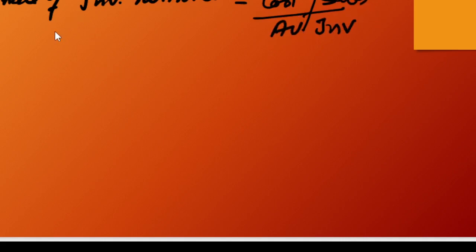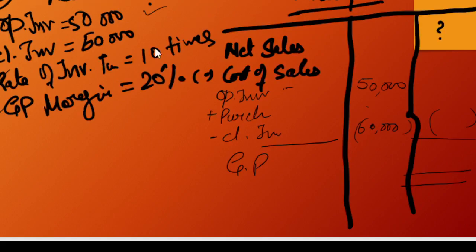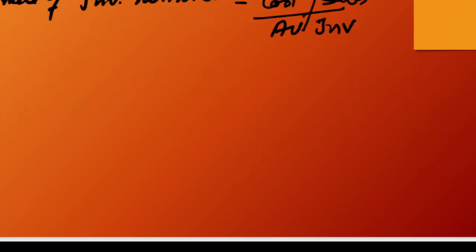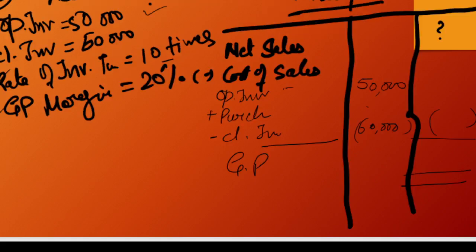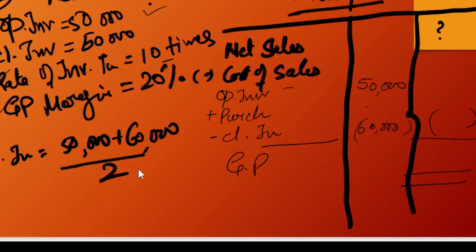So rate of inventory turnover is 10 times. Cost of sales we don't know, but average inventory we know, because average inventory is opening inventory plus closing inventory divided by 2.